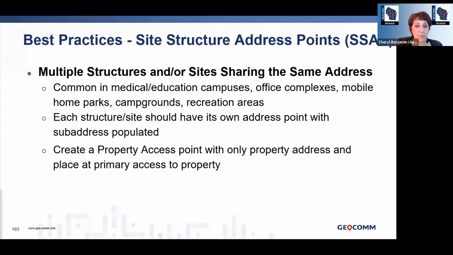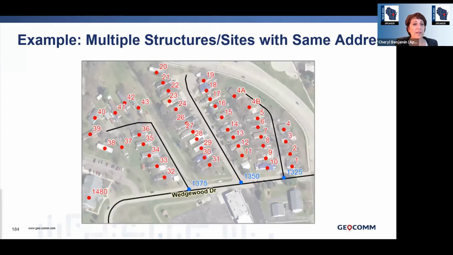Here's an example where we have this unit area, and it appears to be a mobile home park, and they're all addressed off of Wedgewood Drive. All the structures on each driveway share the same address, but they all have different unit numbers. In this case, going to the right, units 1 to 10 have address 1325, and they're differentiated by these subunits.